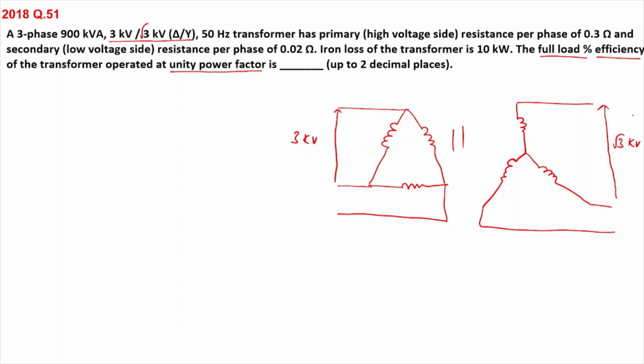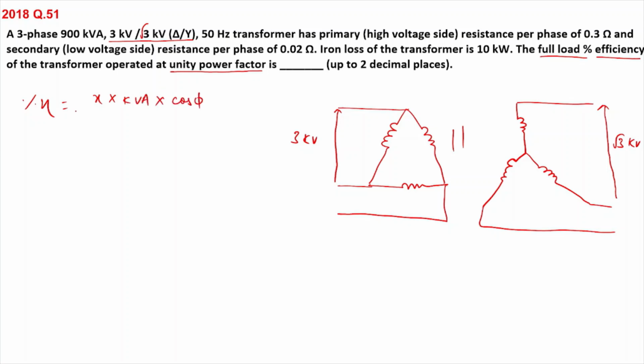Now we have to calculate efficiency. For efficiency, what parameters will we require? To calculate efficiency, we need the percentage of loading, that is X, how much loading. Since it is full load, we will use X as 1, into kVA rating of the transformer, into power factor.